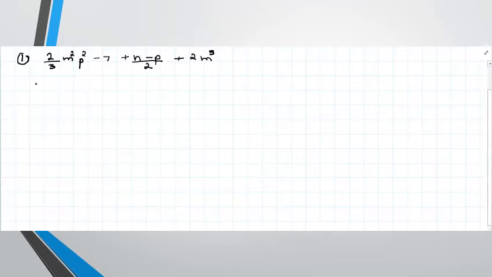In this one, question number A. How many terms? Let's write it. How many terms?